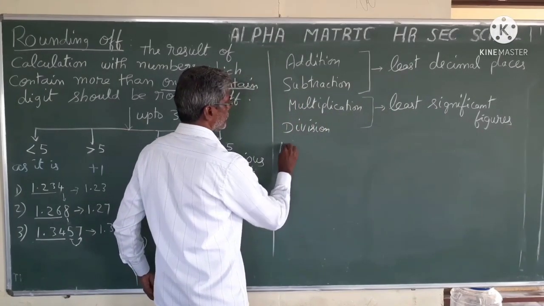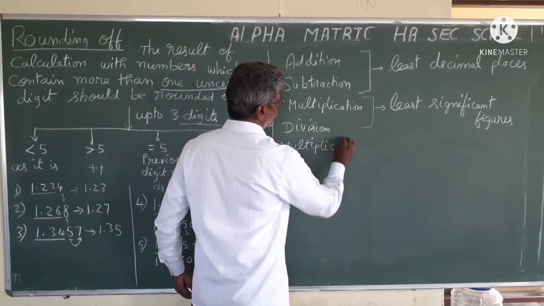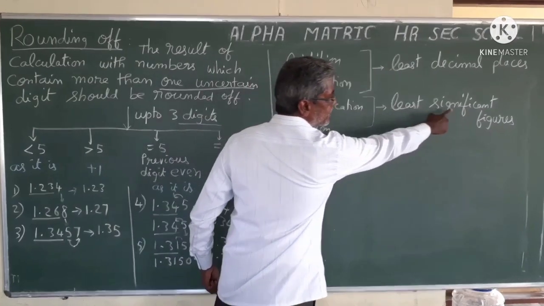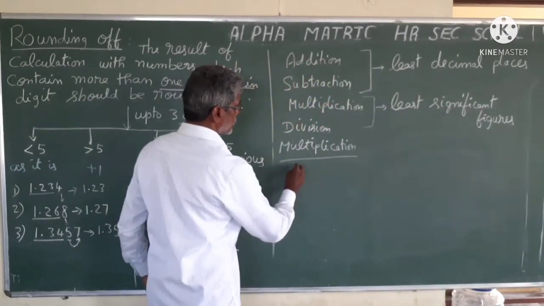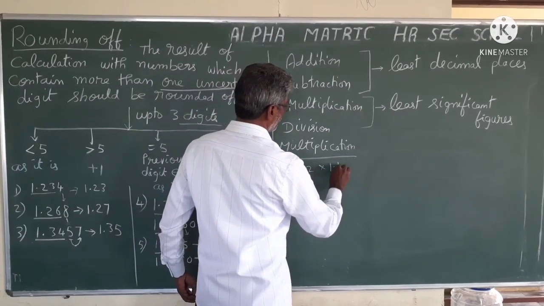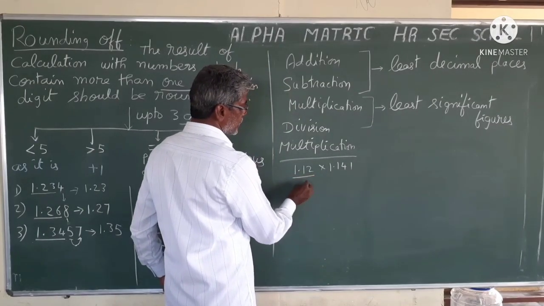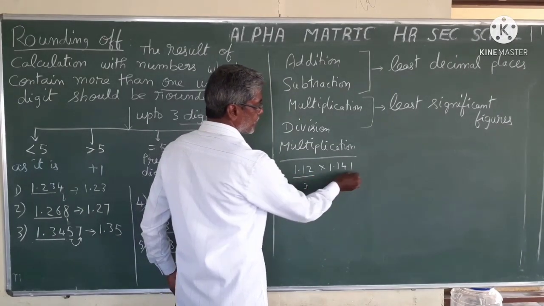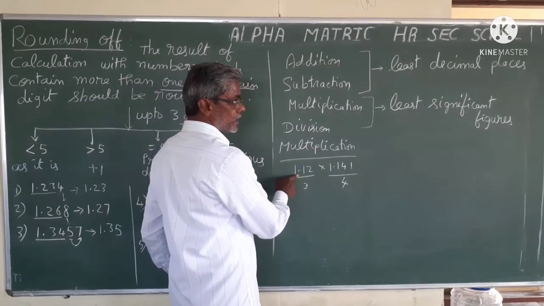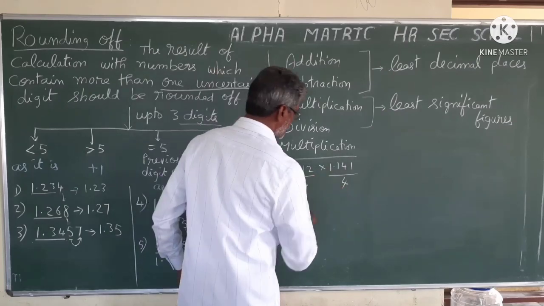Next we will go for multiplication. Multiplication means least significant figures. So 1.12 into 1.141. Here the significant figure is 3. Here the significant figure is 4. Now you multiply these two values.